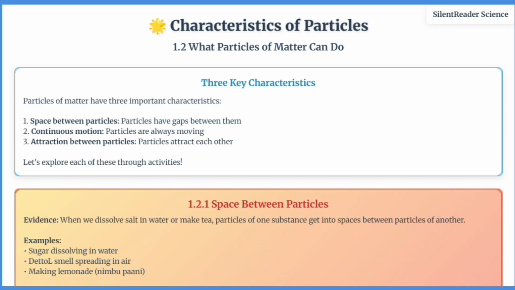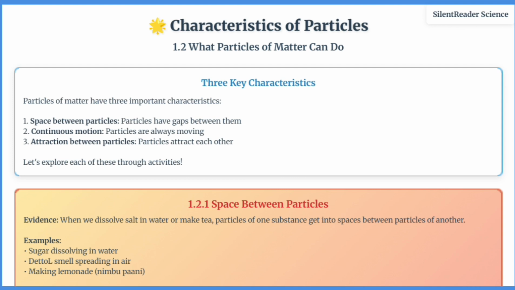Now let's explore the characteristics of these particles. Particles of matter have three important properties. First, they have spaces between them. That's why salt can dissolve in water and smells can spread through air. Second, particles are always moving. This is why ink spreads in water and why smells reach us from a distance. Third, particles attract each other.